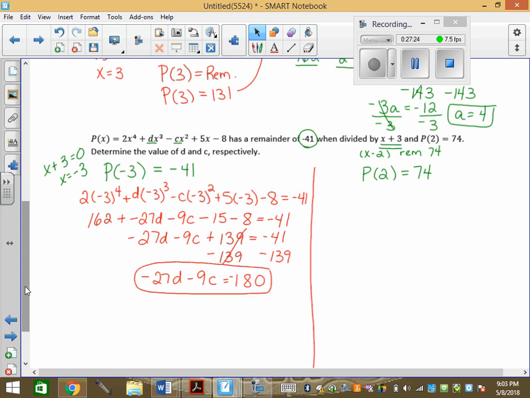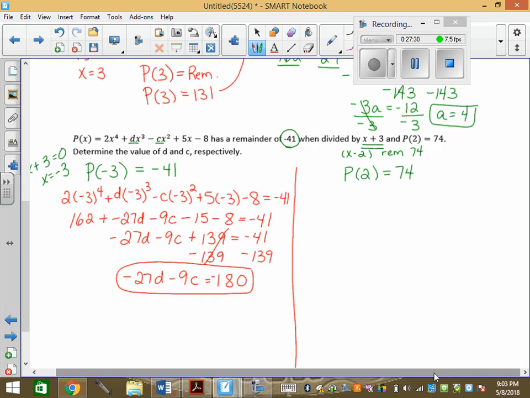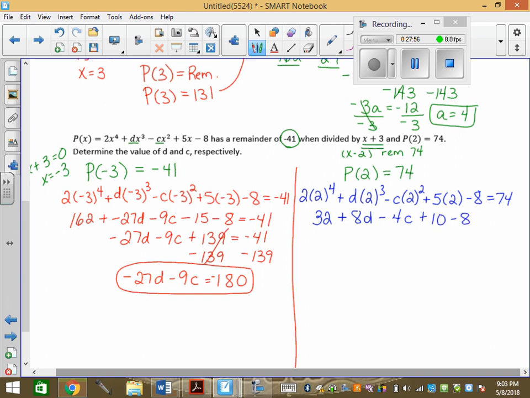I'm going to go over and do p of 2. So p of 2, I'm going to get 2 times 2 to the 4 plus d times 2 cubed minus c times 2 squared plus 5 times 2 minus 8 equals 74. 2 to the 4 times 2 is 32, plus 8d minus 4c plus 10 minus 8 equals 74. 32 plus 10 minus 8 is 34.